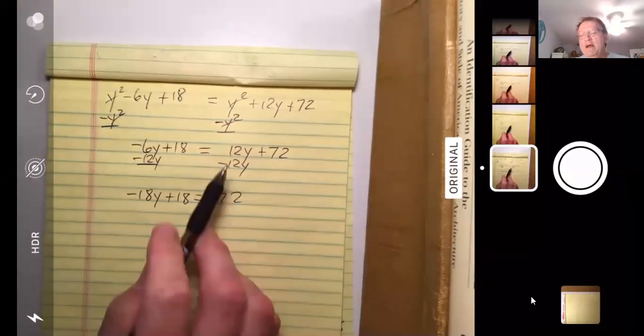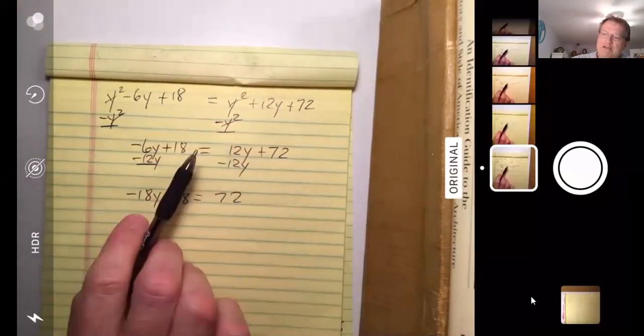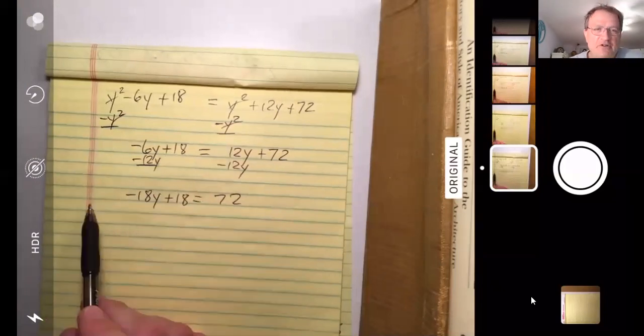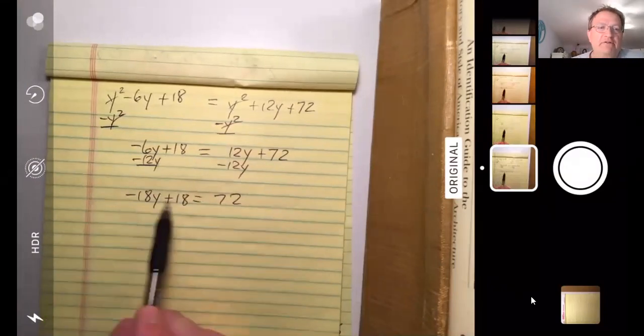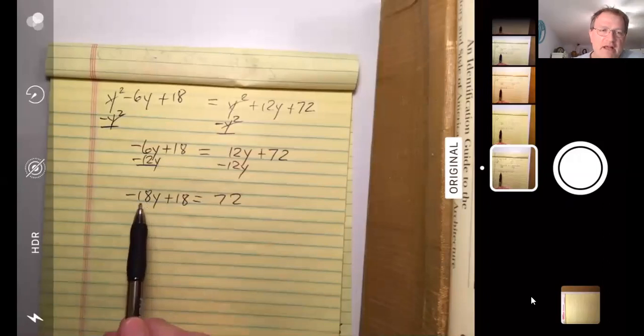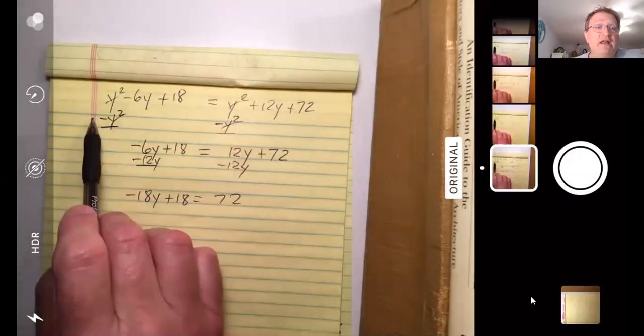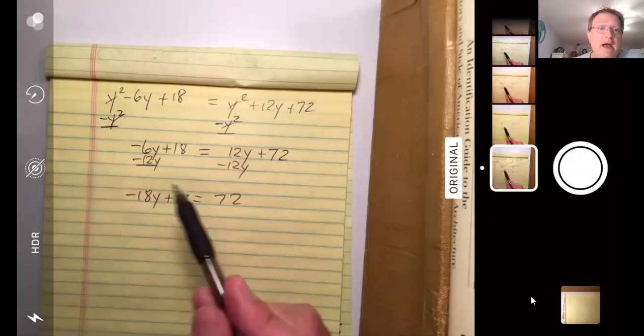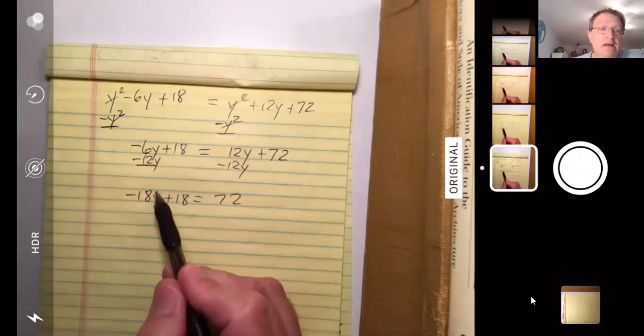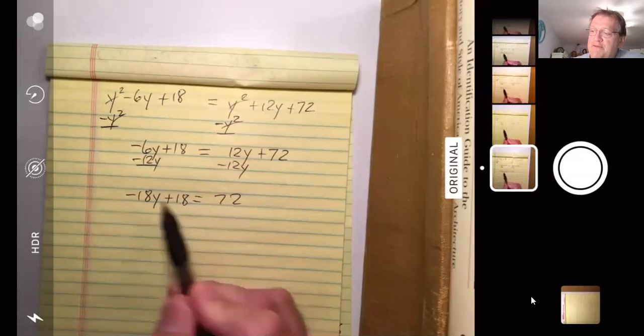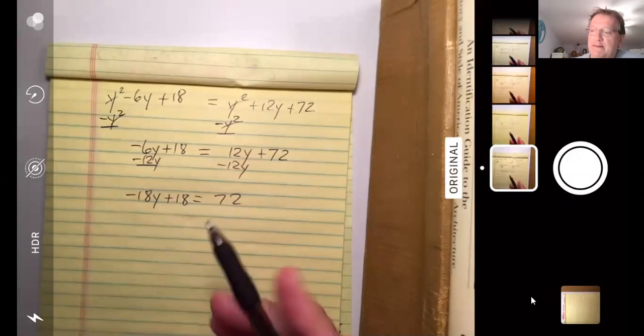If the y squared had stayed in, you're supposed to recognize factoring patterns. Those kinds of equations will come up. Turns out on this one, the y squared's vanished. So now it's a matter of, to solve for y, move the numbers to the left and eventually divide by negative 18.